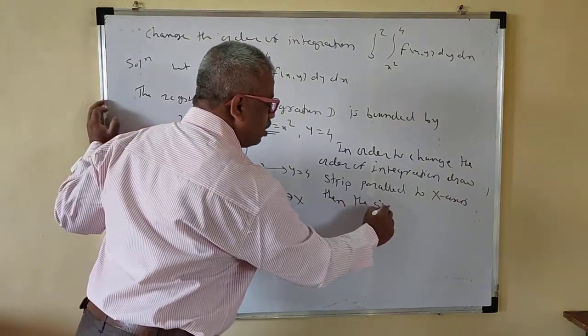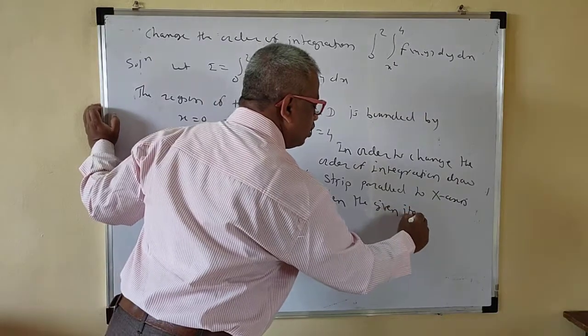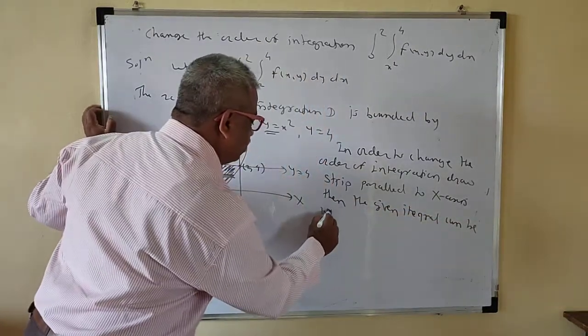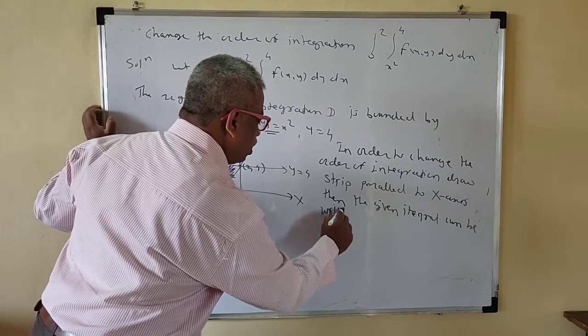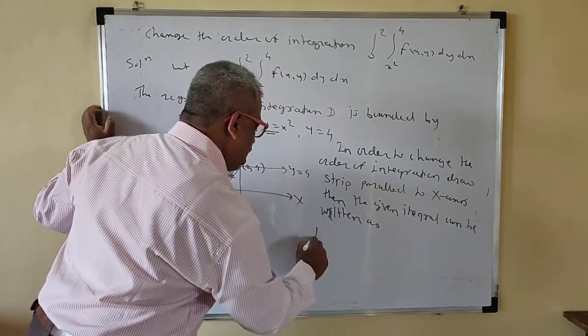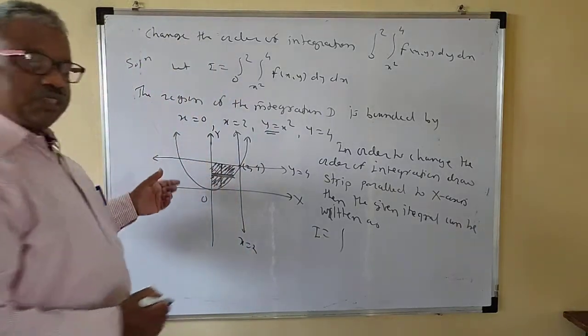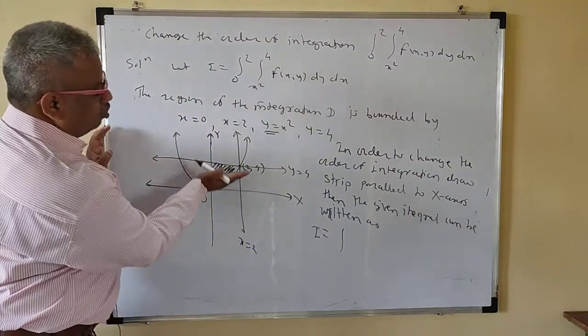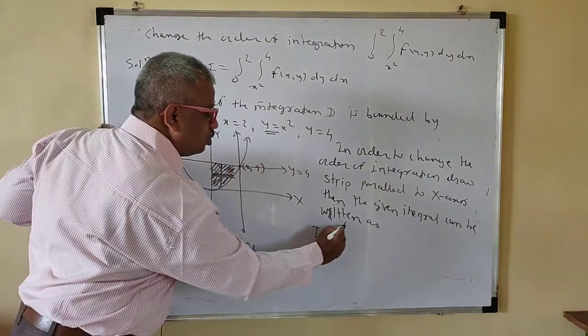Now the given integral can be written as I is equal to, so what? Your strip is parallel to the x axis, so write the limit of y first. Your y is 0 to 4.